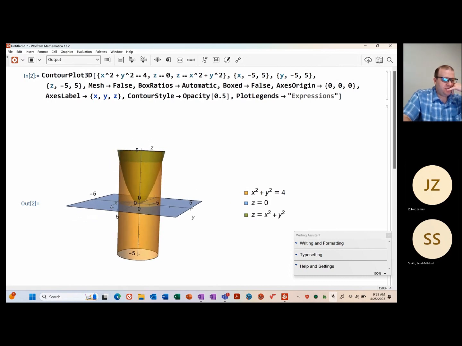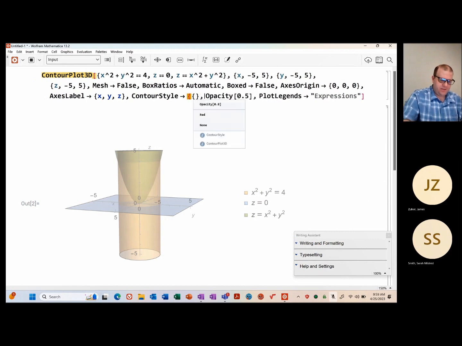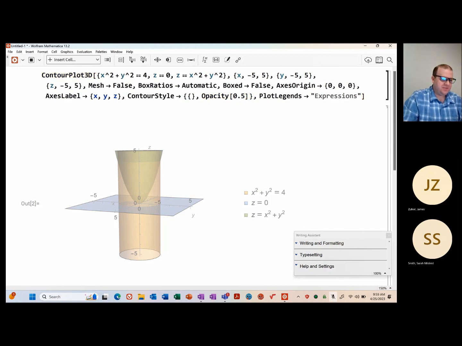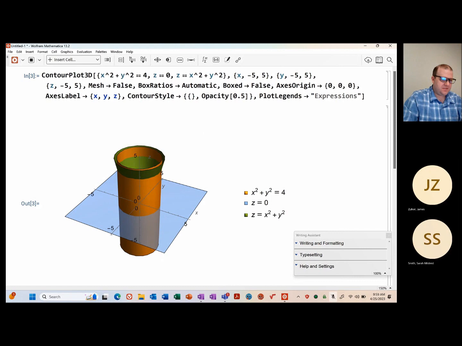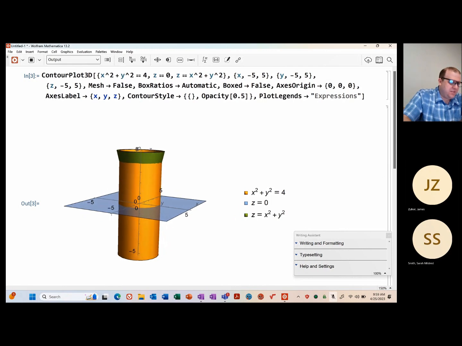Right, so the surface that we're looking at is the orange, the surface of the cylinder between the blue, the plane, and the parabola, the green.